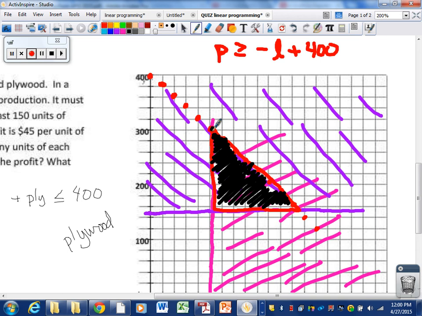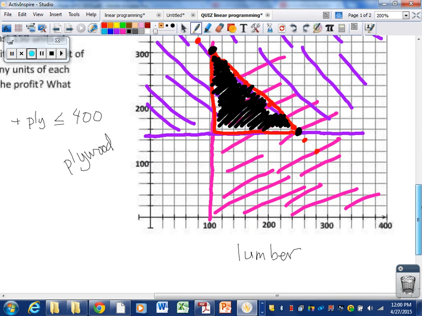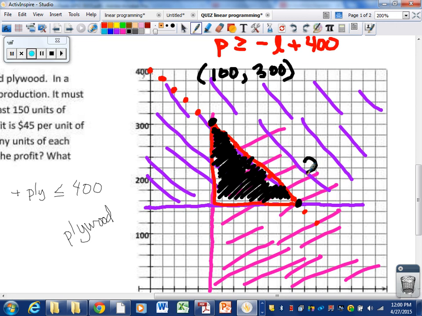So we need to test this vertex point. We'll make 100 lumbers and 300 plywoods. We need to check this vertex point here, which is 250 lumber and 150 plywood.